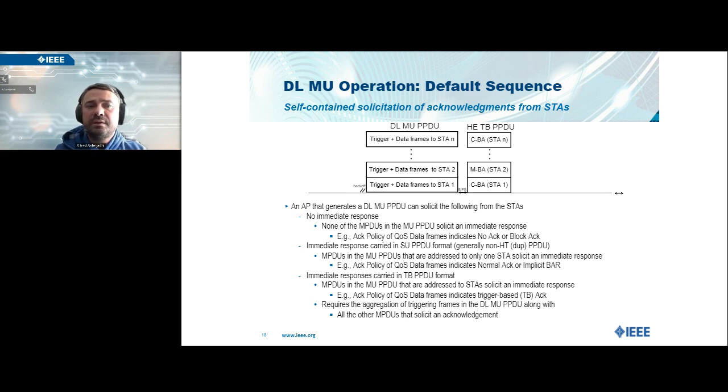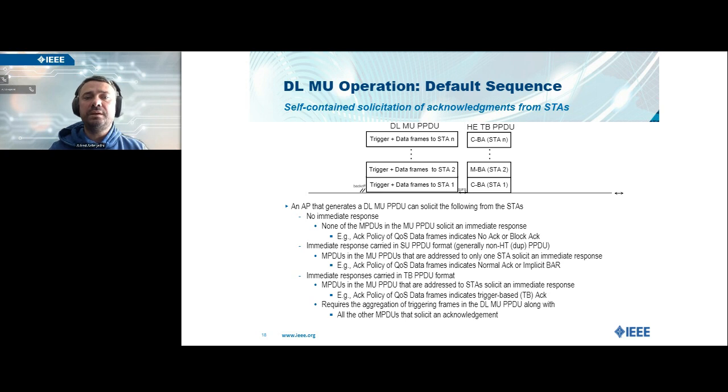There are different ways that the access point can solicit the immediate acknowledgement from the stations. Of course, the most obvious one is that there is no need for any immediate response, which is governed by the ACK policy of the QoS data frames in the downlink MU PPDU.